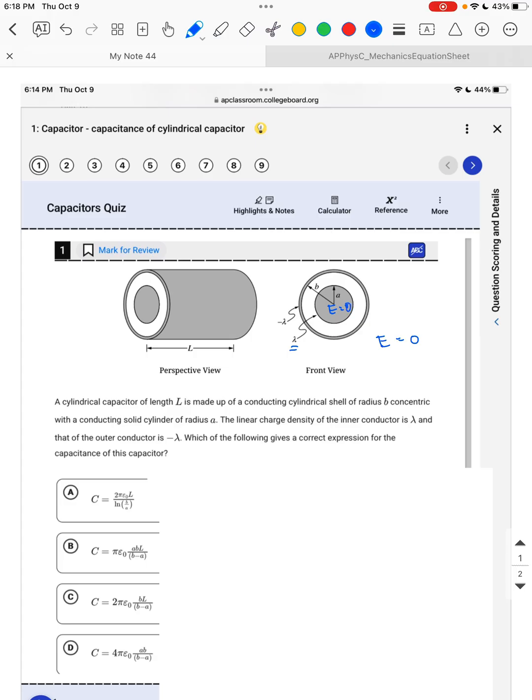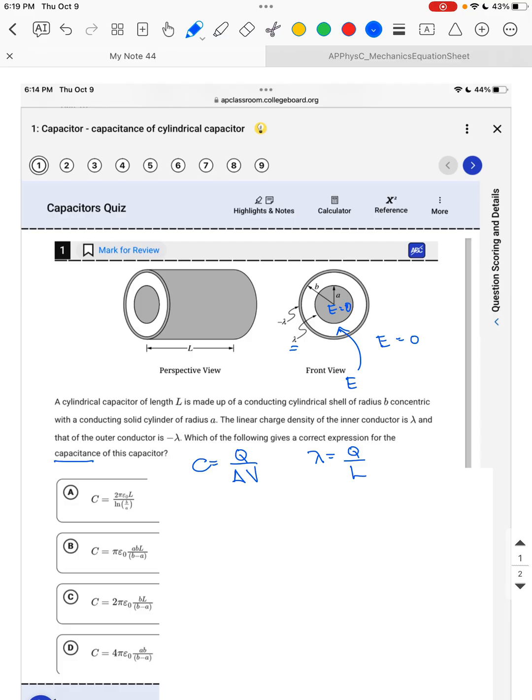And we need to use Gauss's law to figure out the electric field in the center, which then will get us the potential in the center. So in this scenario, we're trying to find the expression for the capacitance, which is charge over delta V. We're not given charge, but we're given lambda, which is equal to charge over length.